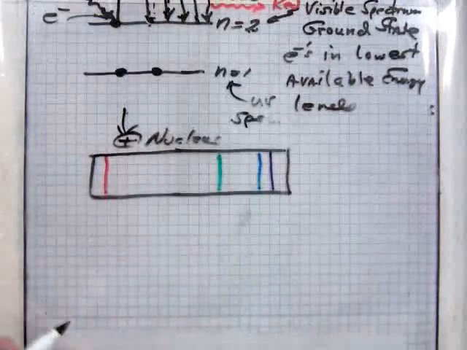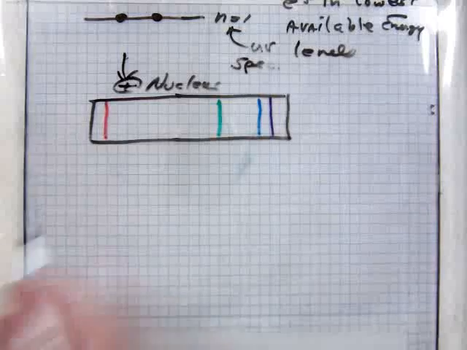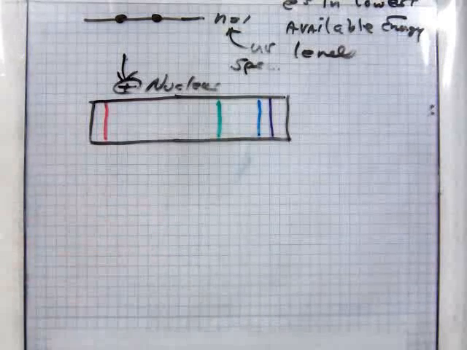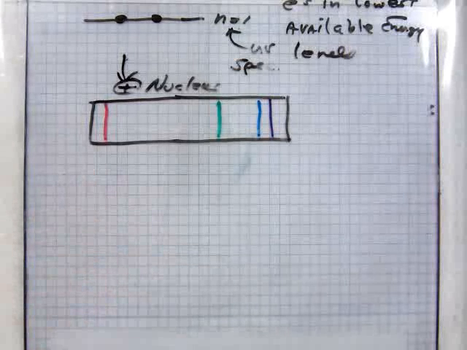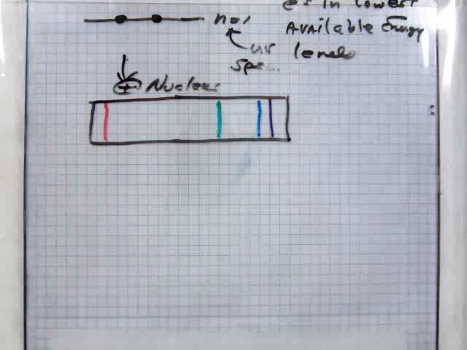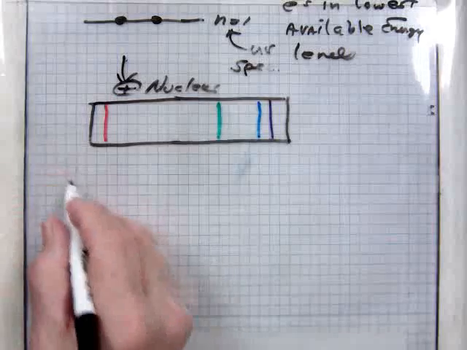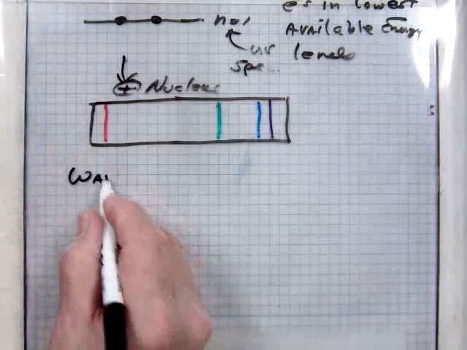Okay. So there are two topics that we need to look at. One is the wave equations for electromagnetic radiation. And they're very simple to use.